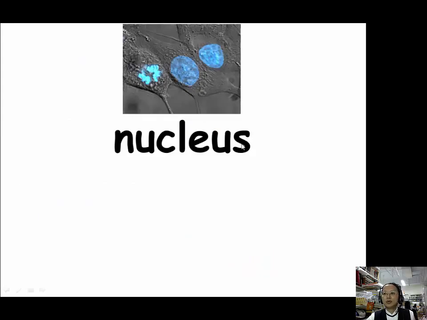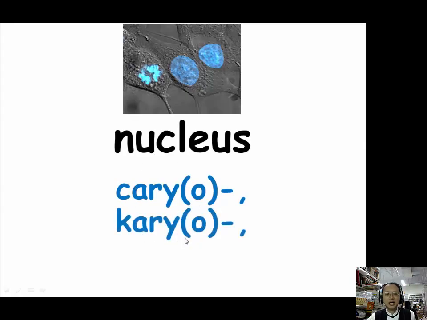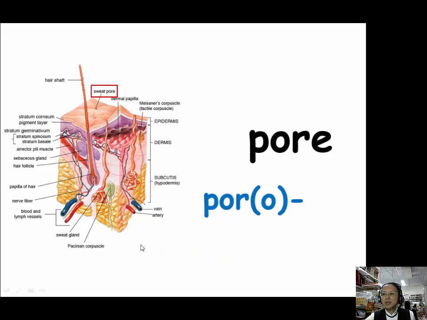Let's review what we've just learned. For describing things that are shaped like a nucleus, we use C-A-R-Y-O and K-A-R-Y-O. Both of them are pronounced as karyo, and also nucleo, N-U-C-L-E-O. For describing things that have a small hole, we use the prefix poro, P-O-R-O.